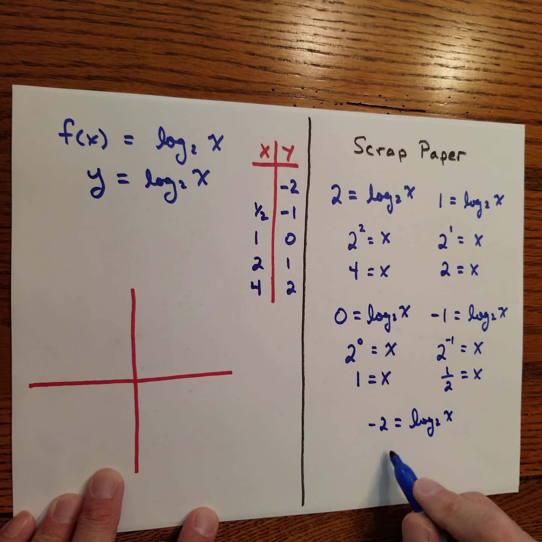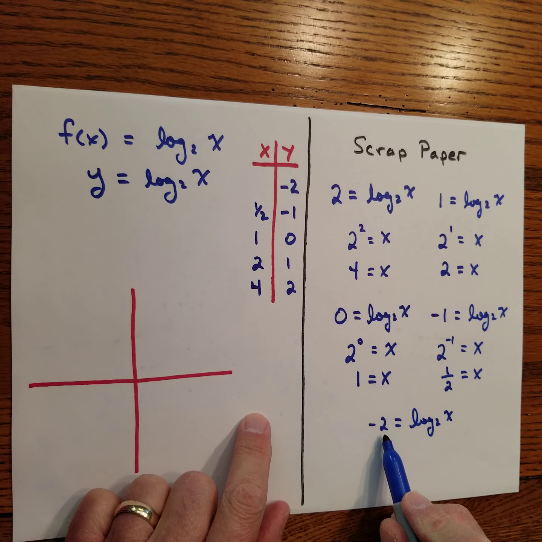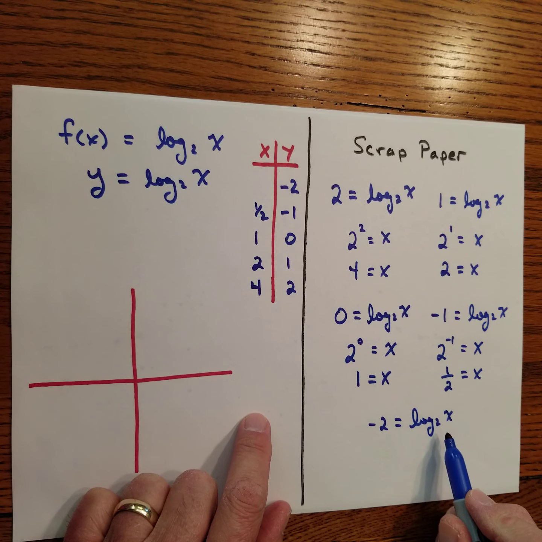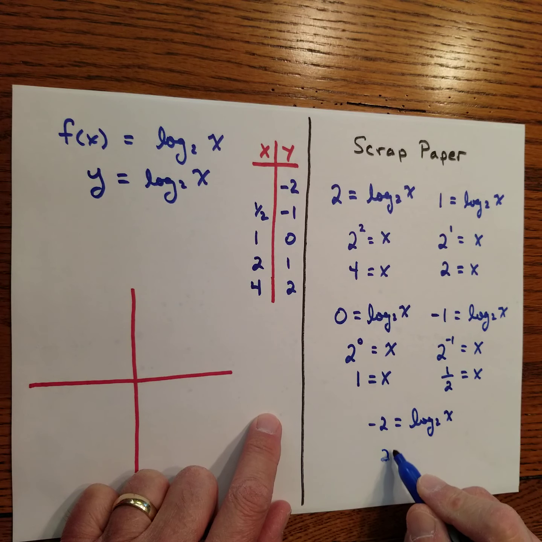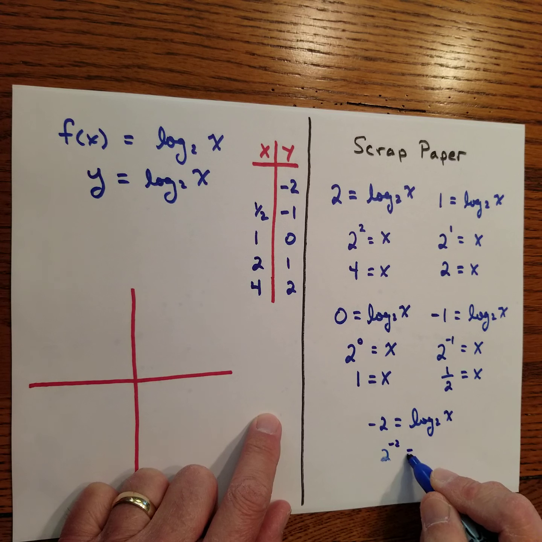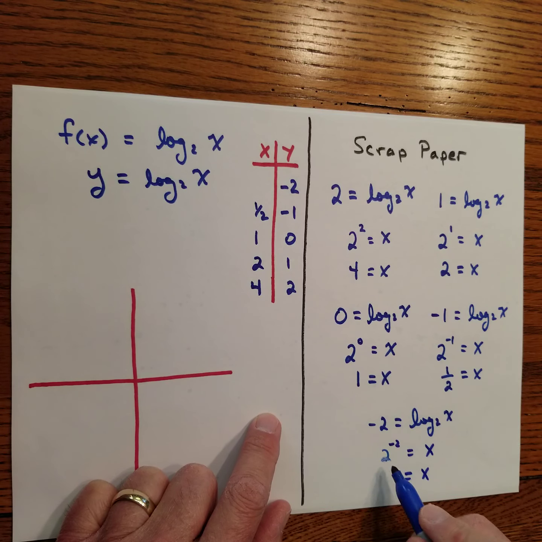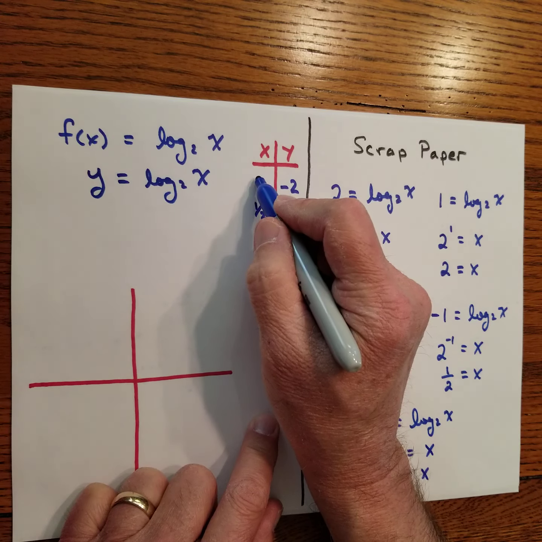Then -2 is the exponent that goes on that 2. Two to the -2 power means 2 squared, then reciprocal. 1/4.